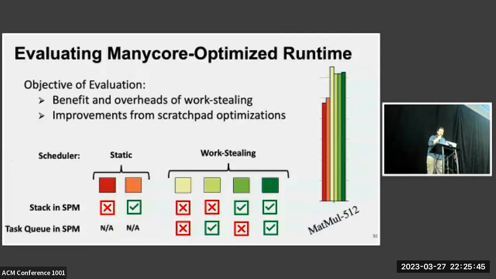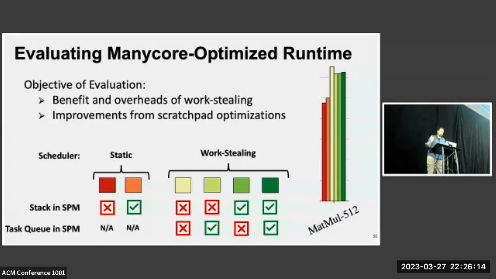To evaluate our work here, we had 2 questions that we wanted to answer. 1, were the overheads of this work stealing runtime too high? And 2, if they were, could we close that gap with clever uses of the Scratchpad? To do this, we used 6 design points. First, we had a static scheduling version of our runtime, one in which each core is just assigned an iteration of a parallel for loop, for example.